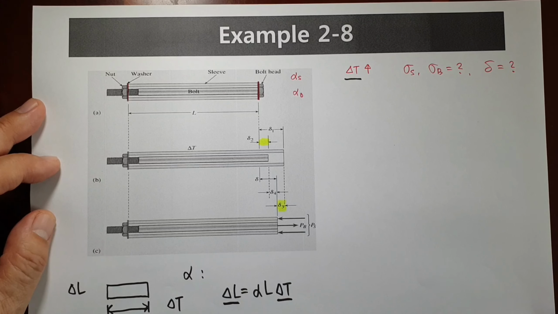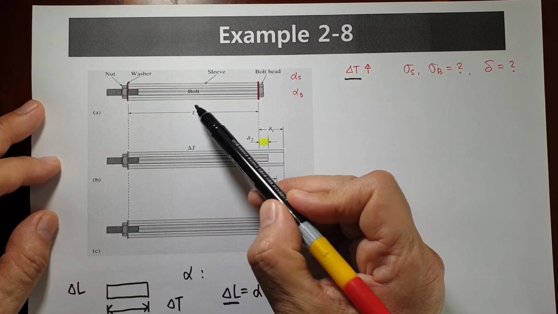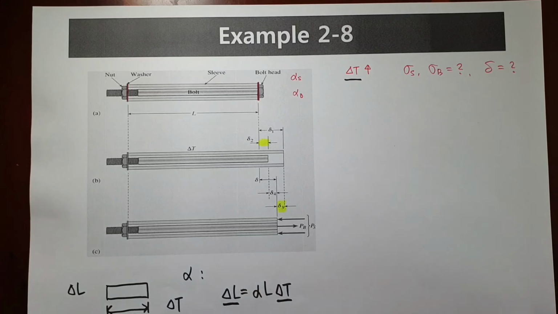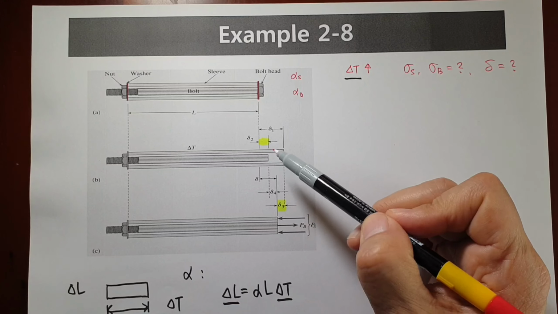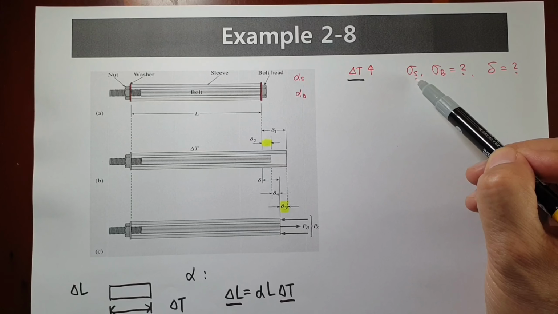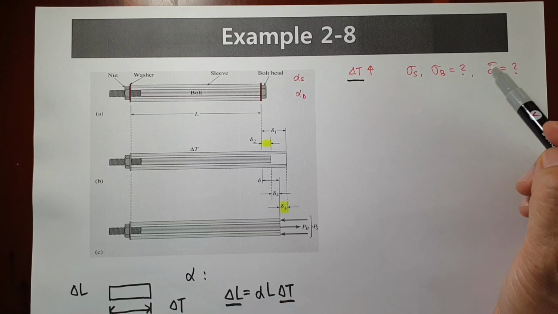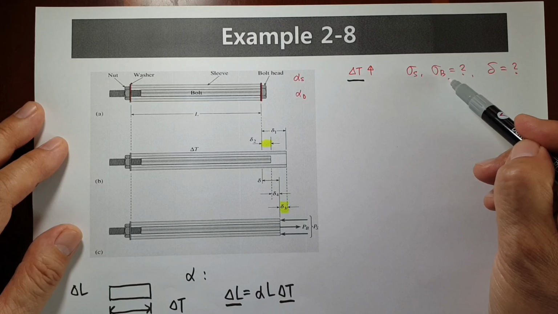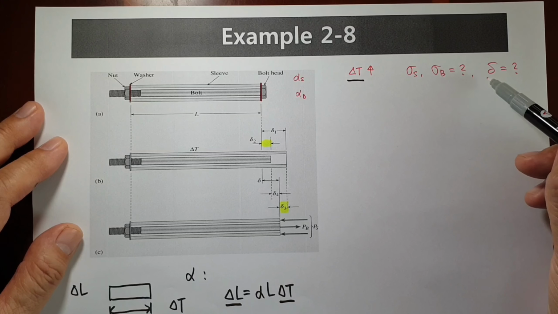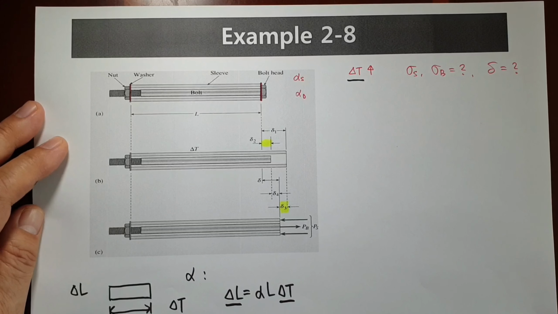When temperature is going down, then it's getting shorter. Okay, total length is L. Then our question is, we would like to know delta S, what's happening in the sleeve, and delta B, sigma B, sleeve and bolt, and what's the change of delta. We would like to know that.